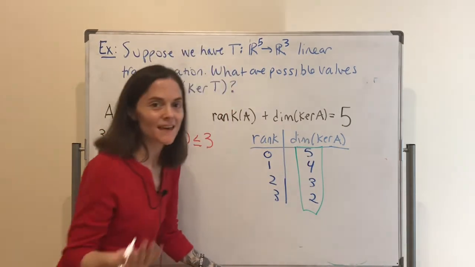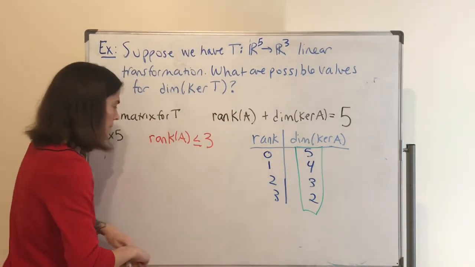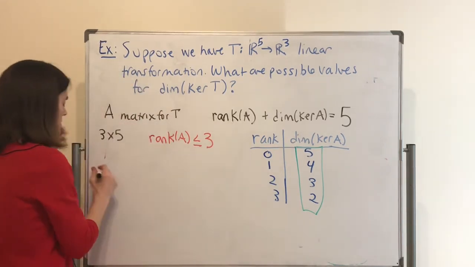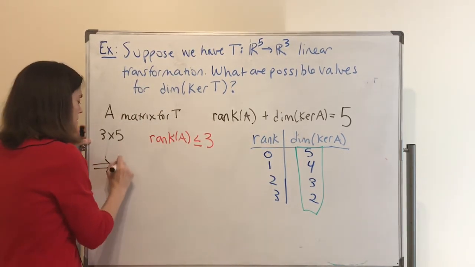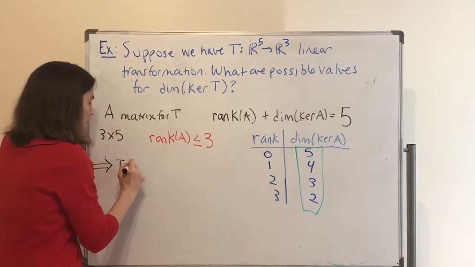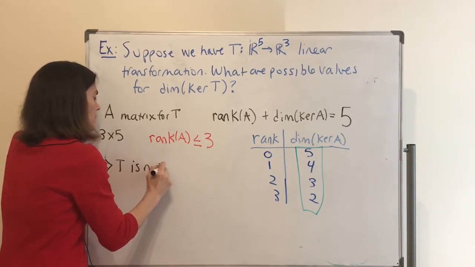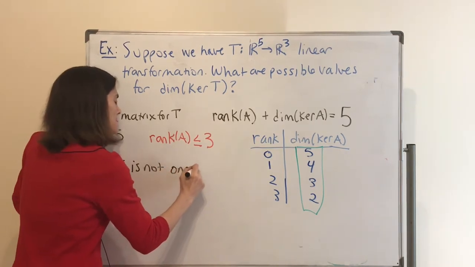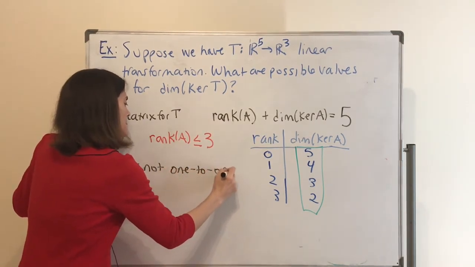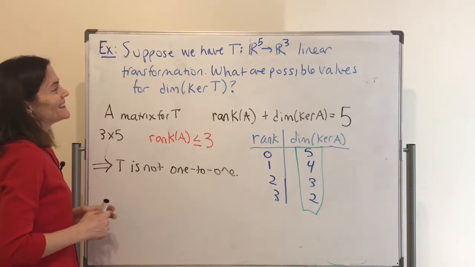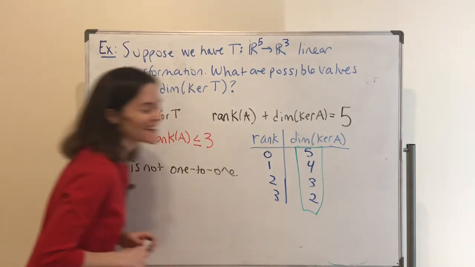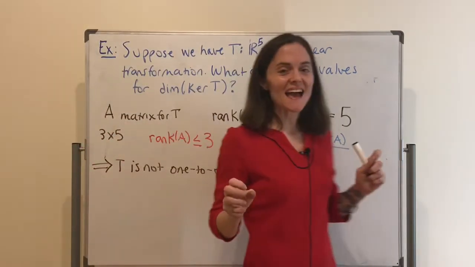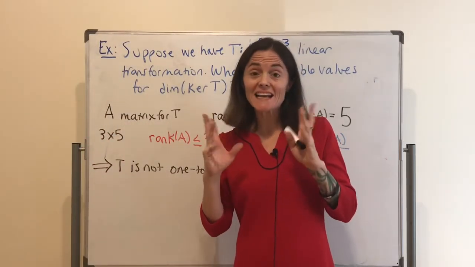Now, what does that give us, or why is this interesting? In particular, what we can see from this is that T cannot be what's called 1-to-1. Okay. This is kind of analogous to functions between finite sets.